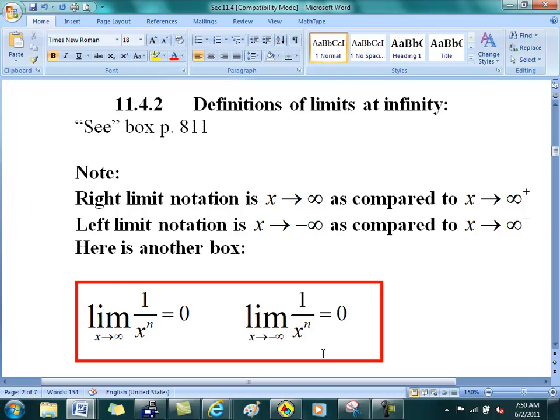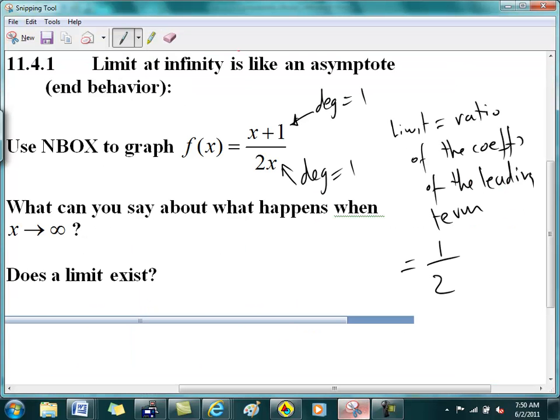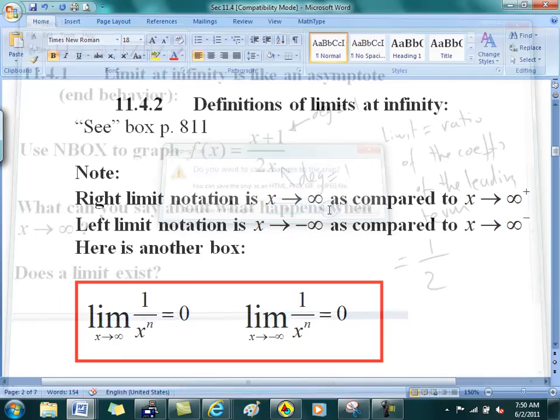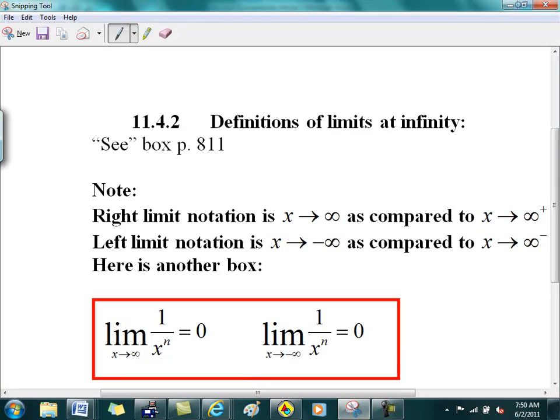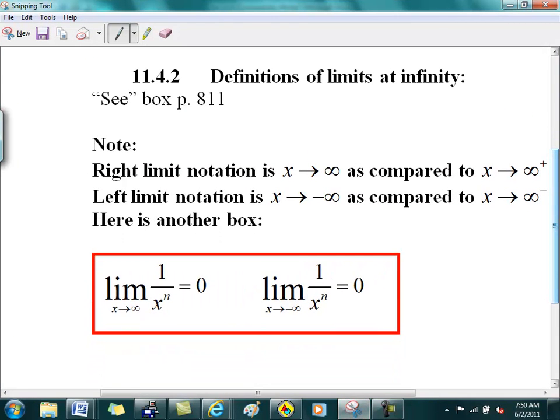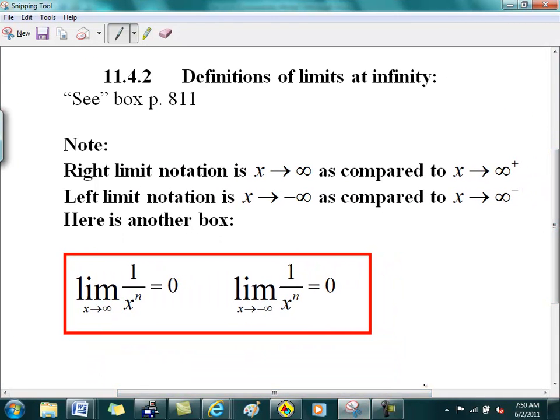A couple of other things on the slide here. Remember yesterday or day before we talked about something like this, limit as x goes to 1 plus, right? Or limit as x goes to 1 minus. You know the difference between these two, right?